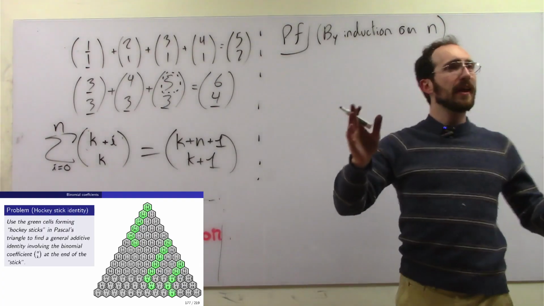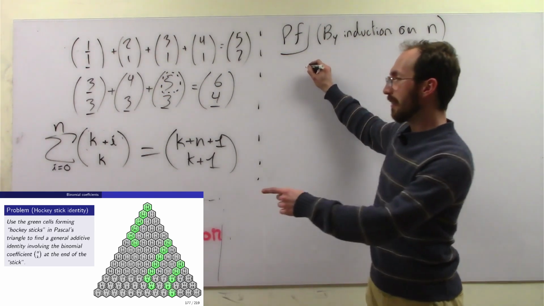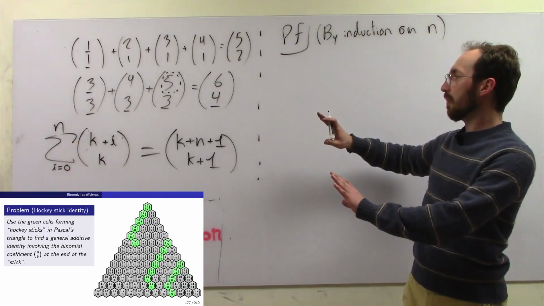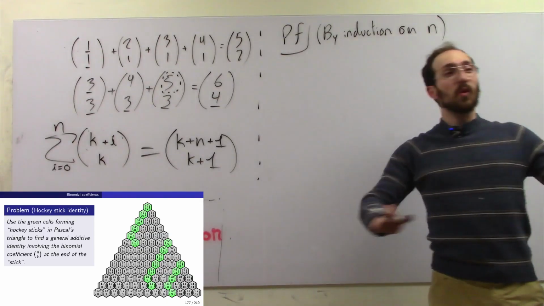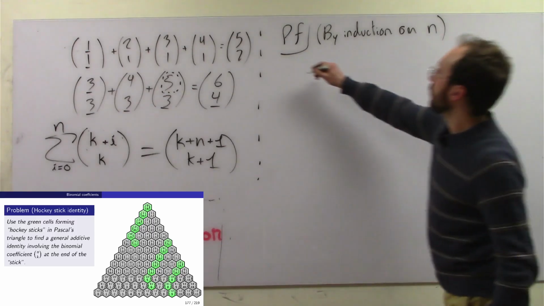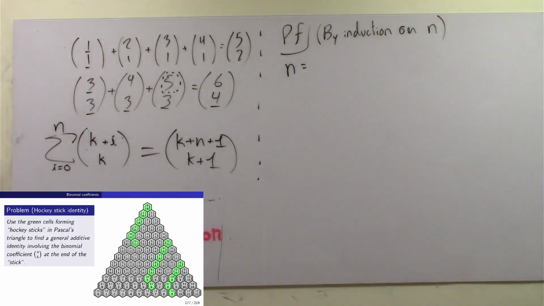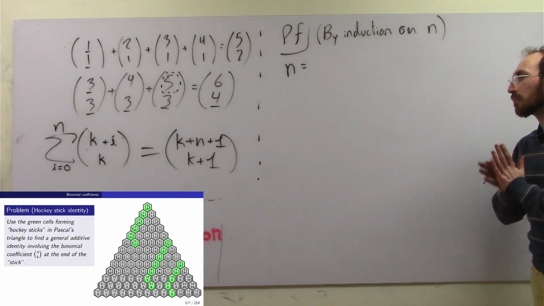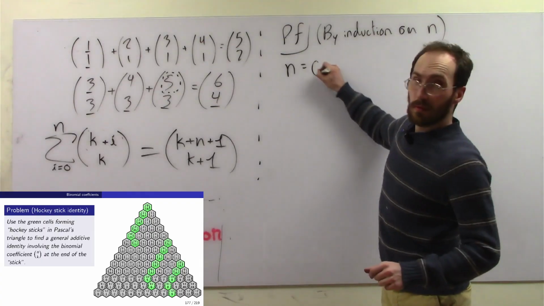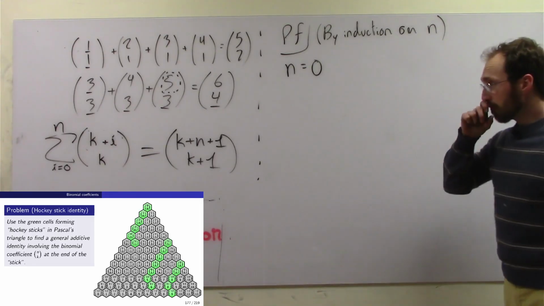So base case, let's see. We have i equals 0 up to, what would our base case be here? What value of n is the smallest that this makes sense for? 0. Why? You can do 0 choose 0.